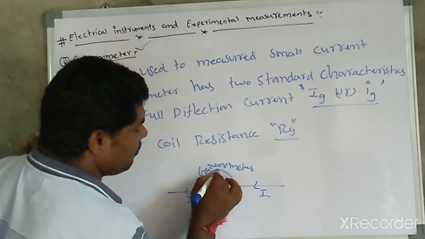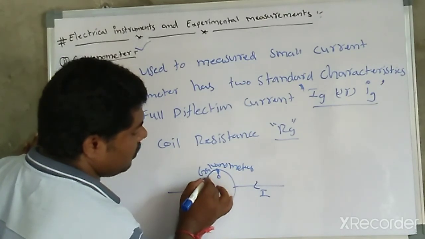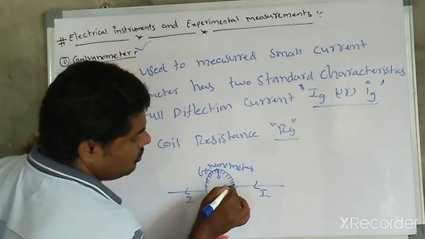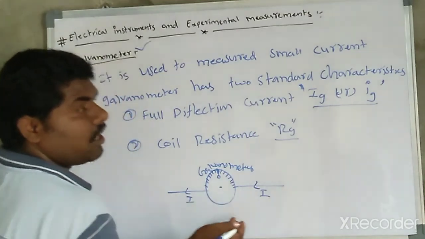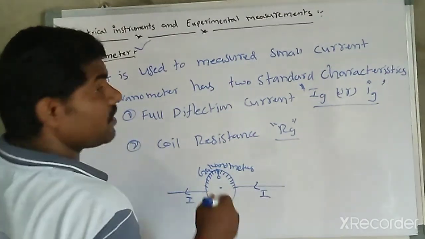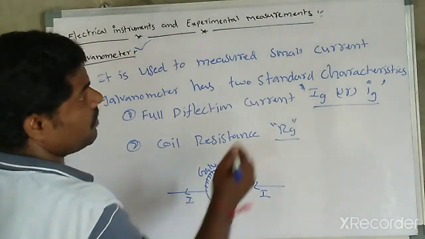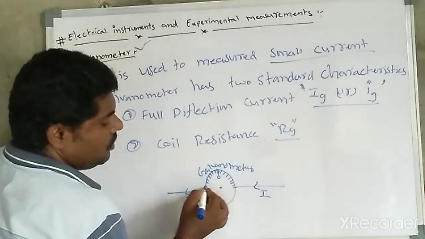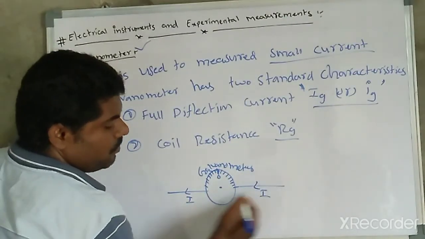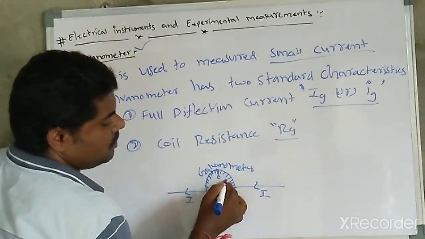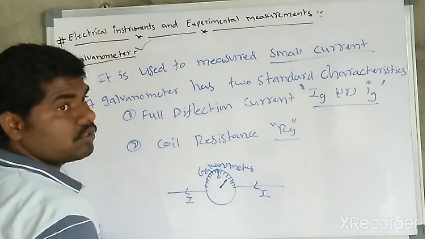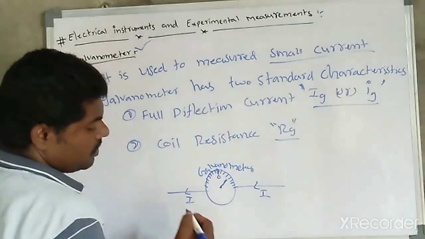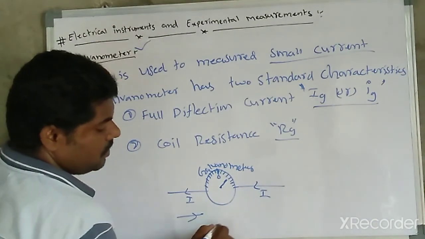In the middle is the zero reading, with a scale. The scale may be 10 ampere, 10 microampere or 10 milliampere, because the current is very small. Whenever the current moves like this, there is a deflection, and the needle experiences a torque. With the opposite direction, the needle deflects the other way.